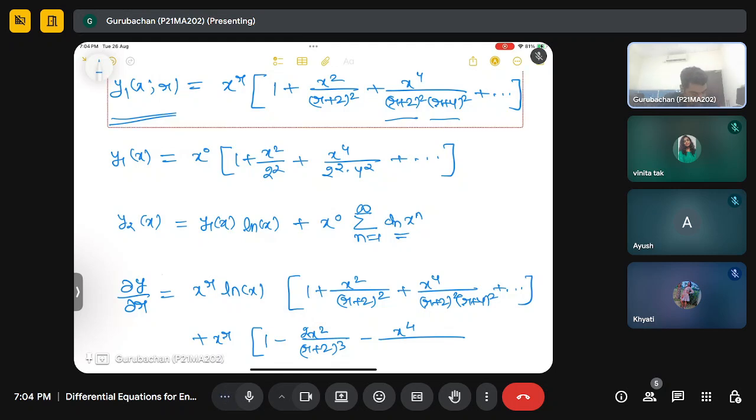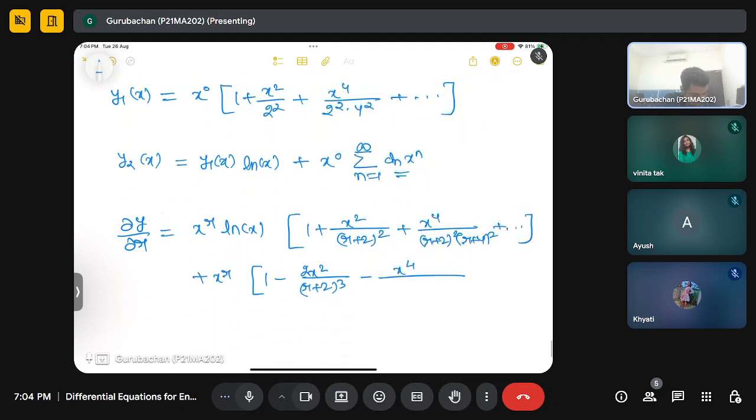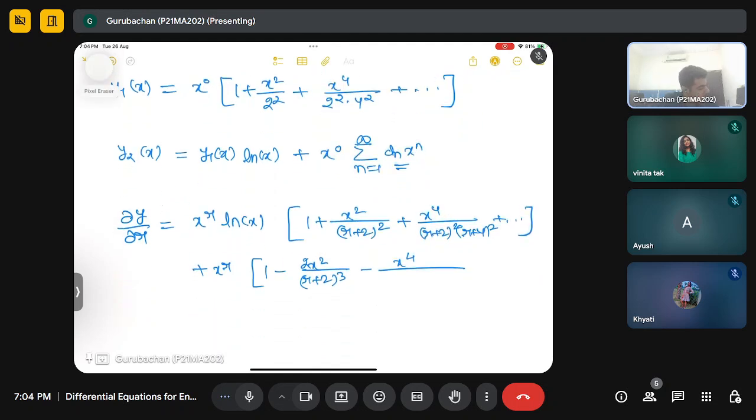So let me write it. This will correspond to minus 2 by (r plus 2) cube minus 2 by (r plus 4) cube, and this expression will go on.